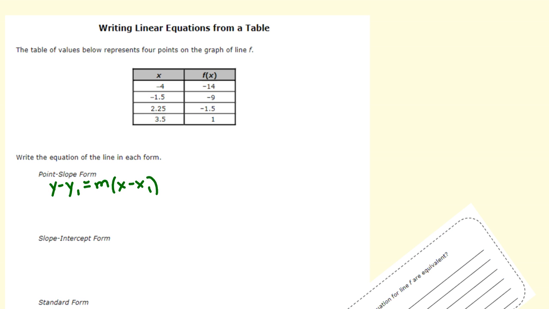So I was with some students in tutoring yesterday. And the reason why we have this point-slope form is that it's actually made out of my slope formula, y2 minus y1 over x2 minus x1. And if I move around and I start to solve for y, I can actually rearrange my formula.